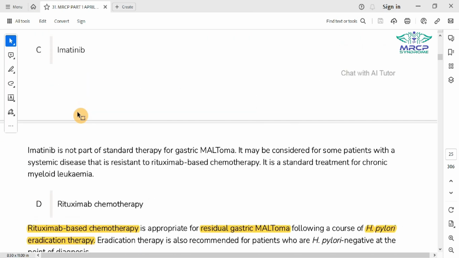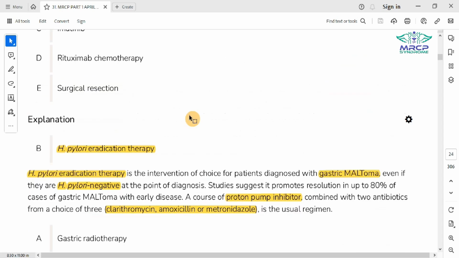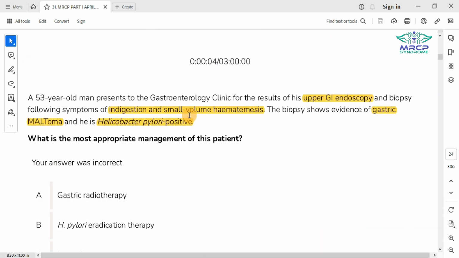And this rituximab and imatinib combination is usually used following unresponsiveness to the eradication therapy. In our original scenario, they also gave a scenario of low grade gastric maltoma and asked what should be the next step, and they gave two options.